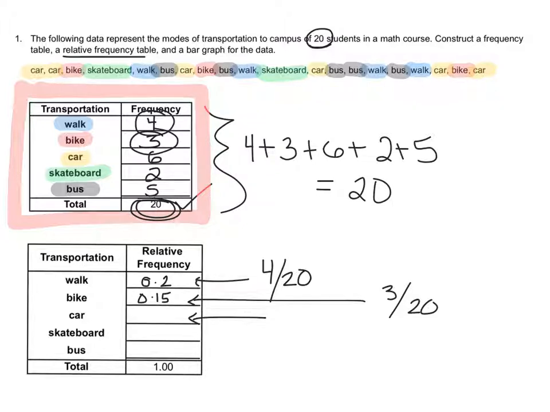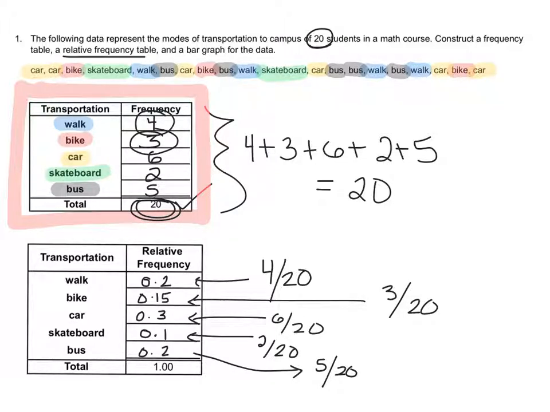The frequency for car was 6, and 6 divided by 20 is 0.3. And then skateboard, the frequency for skateboard was 2, so 2 divided by 20 is 0.1. And then the frequency for bus was 5, so 5 divided by 20 is 0.25.